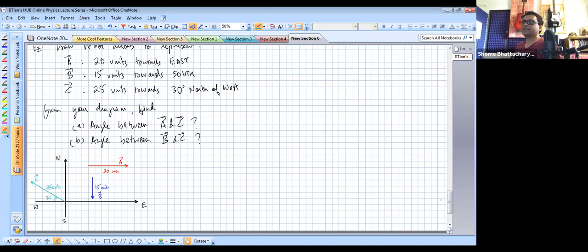Okay, now we will have to relate these in a slightly different manner to understand part A and part B, how to find the angle between them. So I'm coming to that.